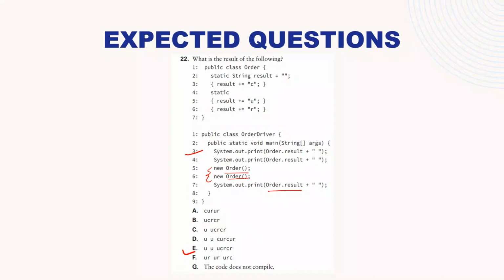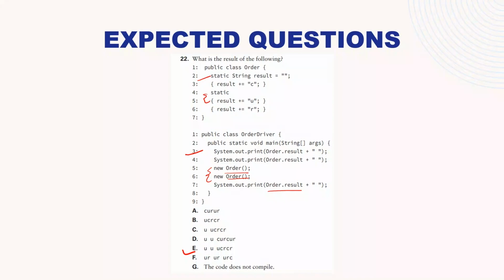At this point the statics in Order get initialized, so the class gets initialized, and all the static variables and everything inside the Order class get initialized. In this case, the statics are the static declaration of the result and the static initializer that we just saw. These two things have been initialized till now because the object has not been created till now.